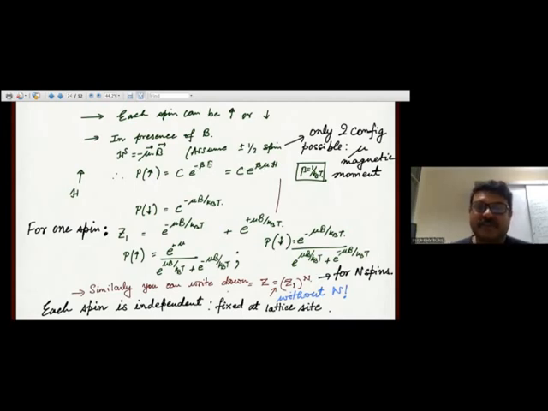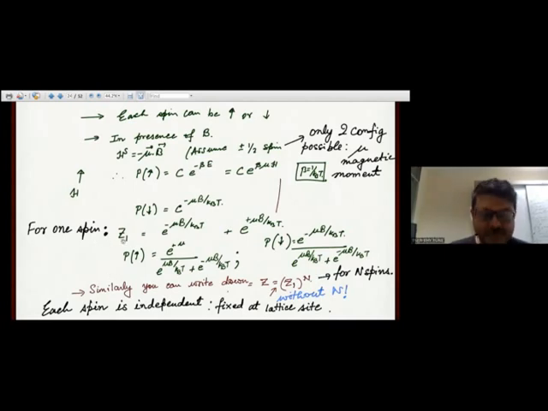So since energy is negative, it becomes e to the beta mu H, where beta is of course 1 over kBT. And the probability that the spin is pointing down is 1 by Z times e to the minus mu B over kBT, right? Because it's a positive energy cost.